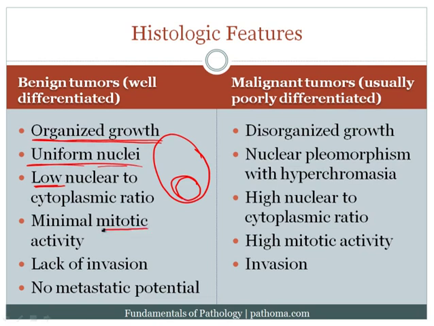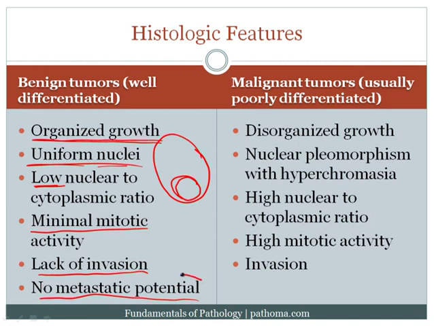What does that mean? It means there'll be a lot of cytoplasm in the cell and maybe a small nucleus. That gives you a low nuclear to cytoplasmic ratio. There'll be minimal mitotic activity, a lack of invasion, and this tumor will have no metastatic potential, meaning that the tumor will not have the ability to spread outside of that particular organ in that patient or in any other patient. All right, and so that's how we understand no metastatic potential.